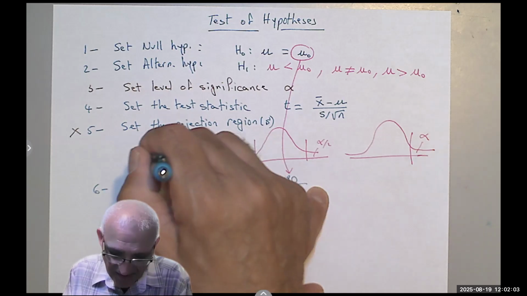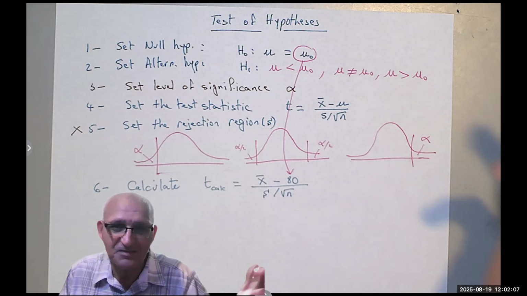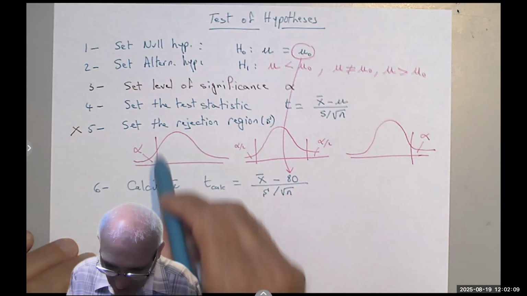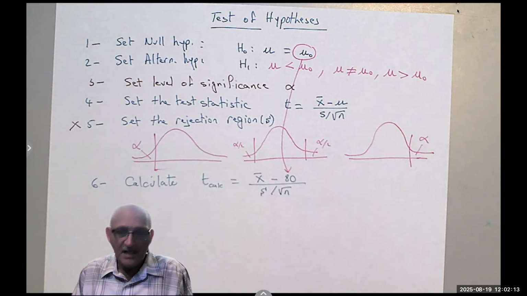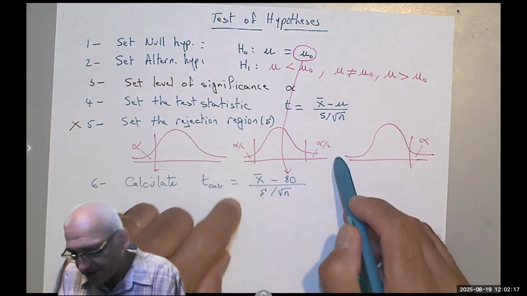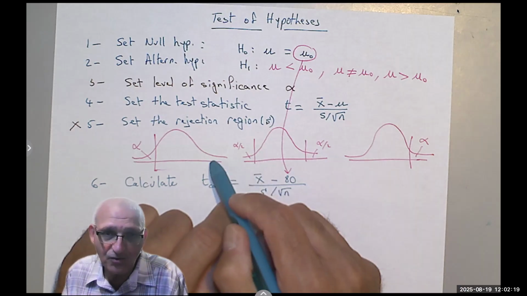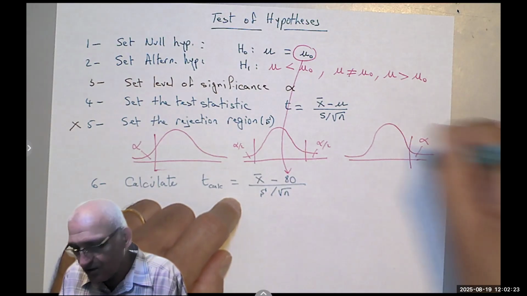If it falls on the line, of course, it will never be on the line, but mathematically or theoretically speaking, if it's on the line or to its left, I'm going to reject. Here, I'm going to reject either if it's on this line or to its right, or on that line and to its left. And here, I'm going to reject if it falls right on the line or to its right.